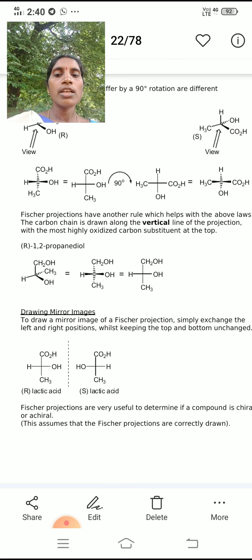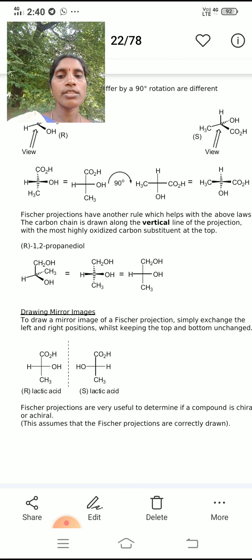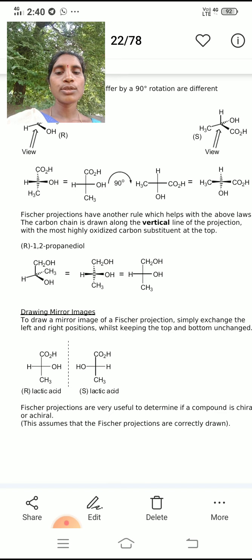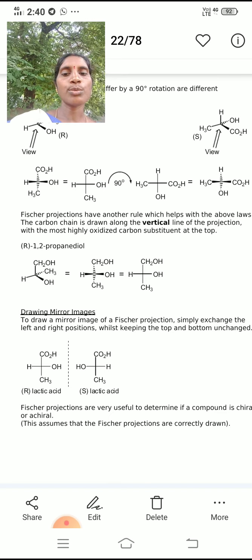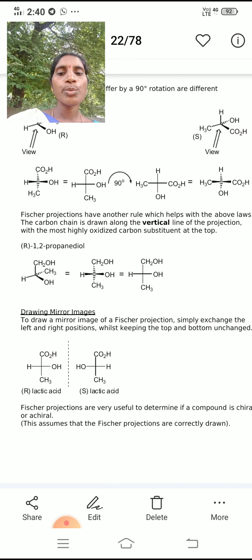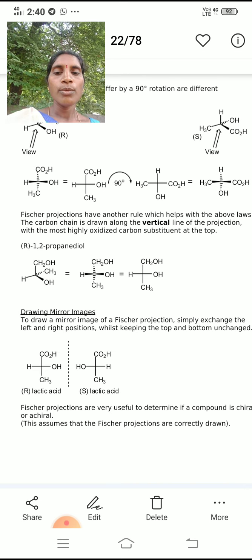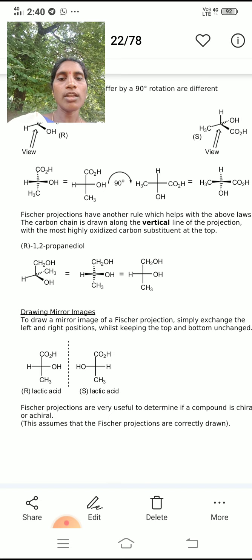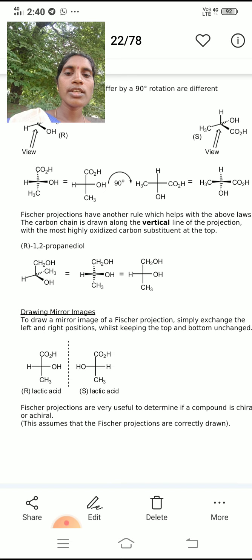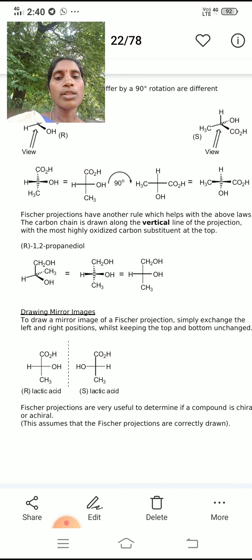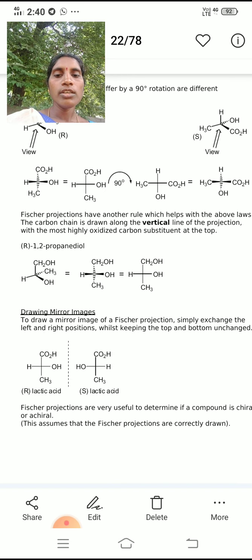The lowest oxidized group, methyl, is written at the bottom, and the remaining hydrogen and hydroxy groups are written on the horizontal line.